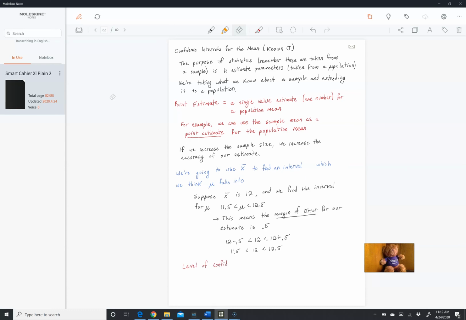Okay, so there are two ways that I'll describe it. The first way would be how confident we are that our parameter falls within the interval.